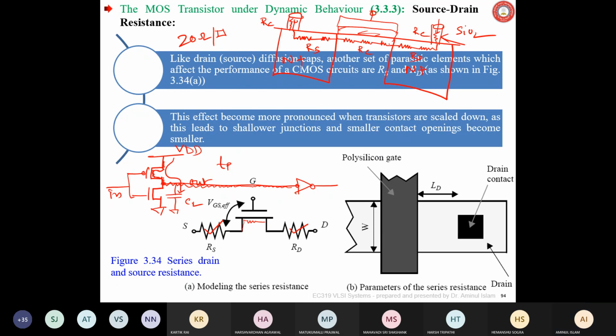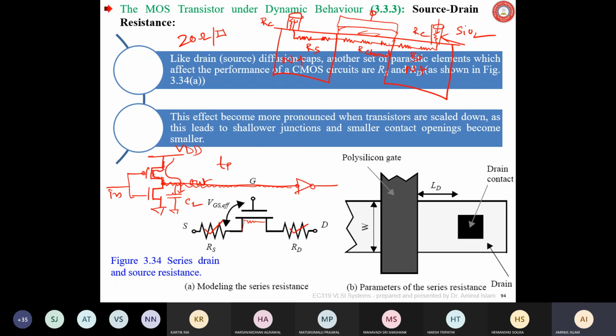RC, RS, and of course I am denoting the same thing. It is not correct. Channel resistance also I have denoted with R channel. Let me write. So channel resistance, drain diffusion resistance or source diffusion resistance, plus contact resistance.